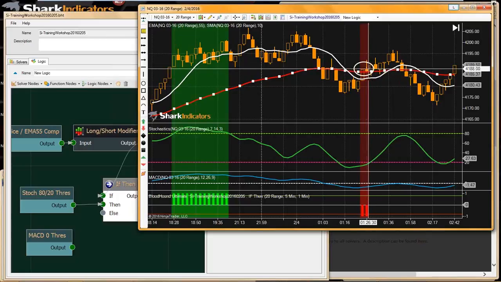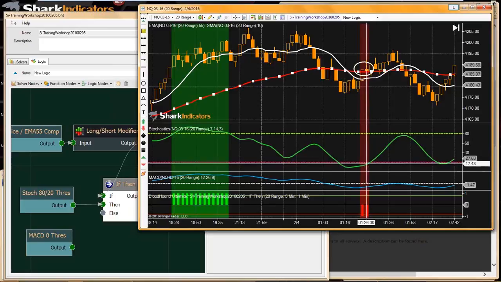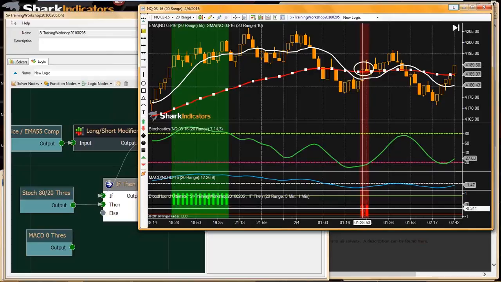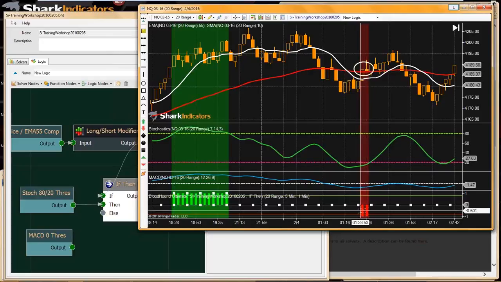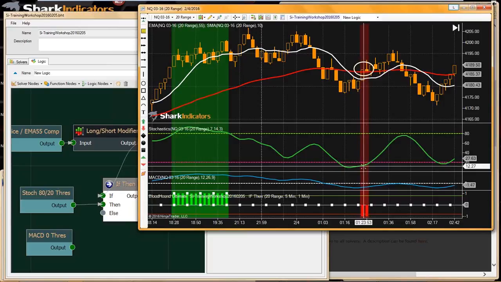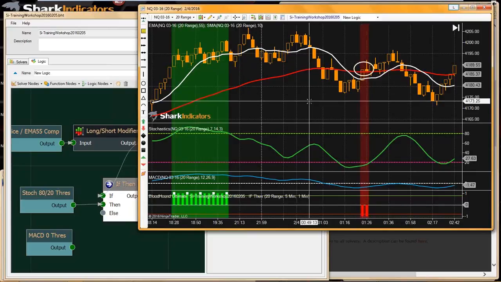So we're in a long trend, and the stochastic went oversold, and so we actually did manage to get a couple of sell signals from the stochastic for a couple of bars.